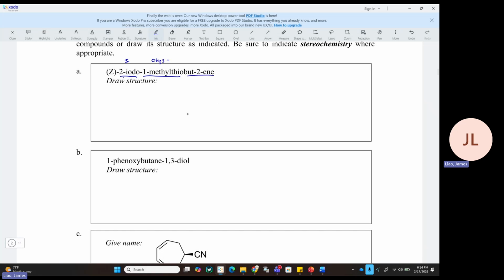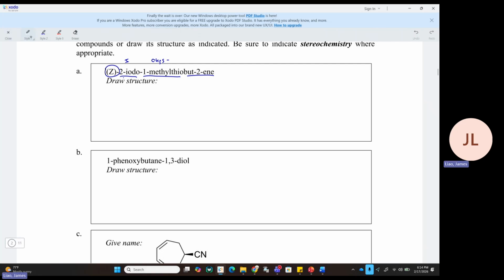That means I'll have a 4-carbon chain: 1, 2, 3, 4. And we're going to have a double bond at 2. Now, keep in mind that we also have a stereochemistry of Z, which means they have to be on the same side. So I cannot draw it like this anymore. Instead, it's this right here.